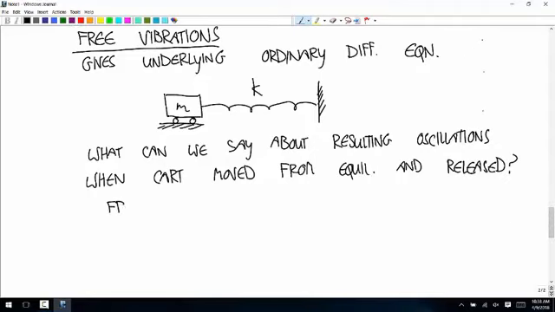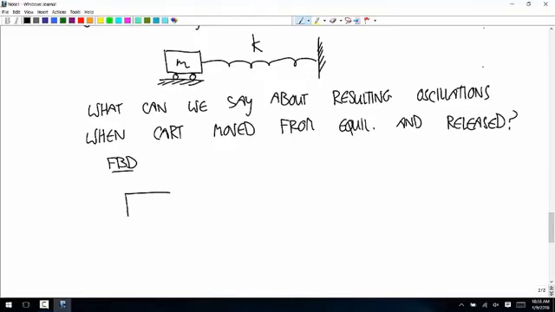Well, a free body diagram of this system would have the weight, mg, and a normal force, n, and then a spring force.